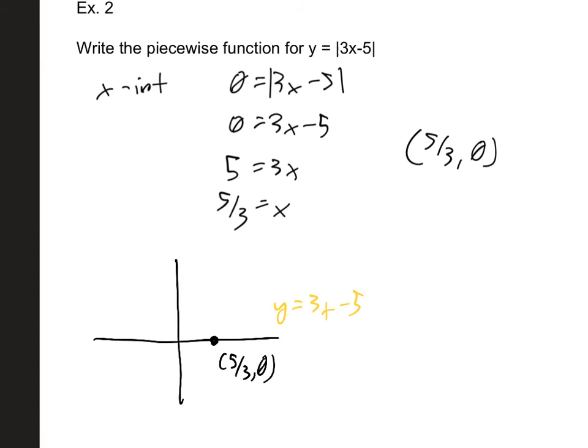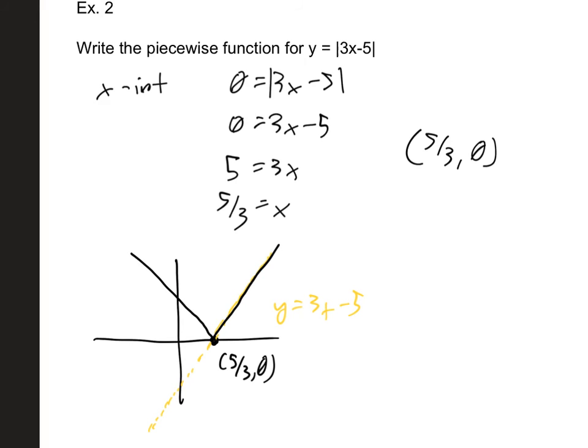Well, it's got a positive slope, so we know it's going to be going in this direction. It's pretty easy to actually look at this graph and see that the y-intercept is going to be negative 5, but again, minimum amount of work. What's our absolute value function going to look like? Well, it has to be positive, so it's going to look something like this.